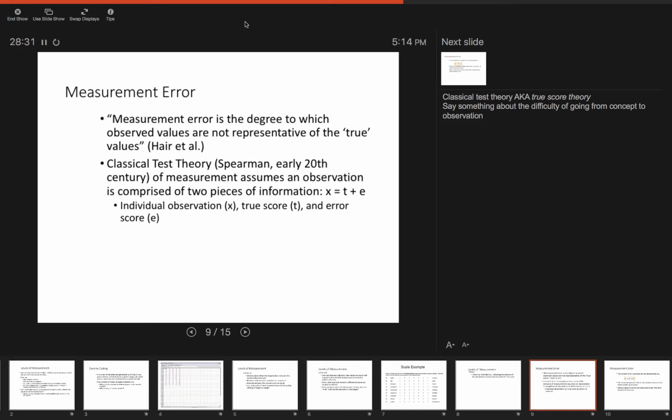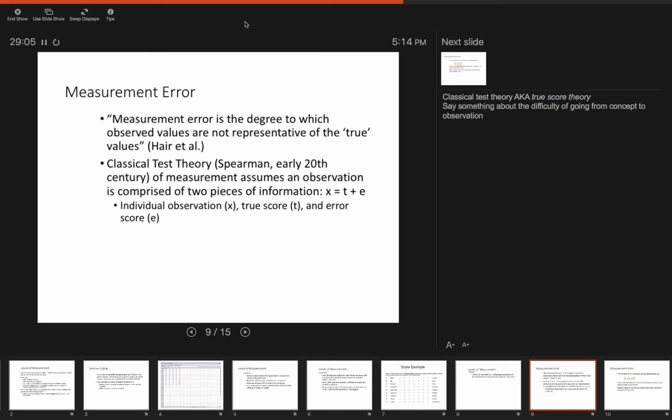We have some observation that we make, and that is our X. That's some data that's collected, and theoretically, although not practically, we can break that observed data into a true score and some error component.